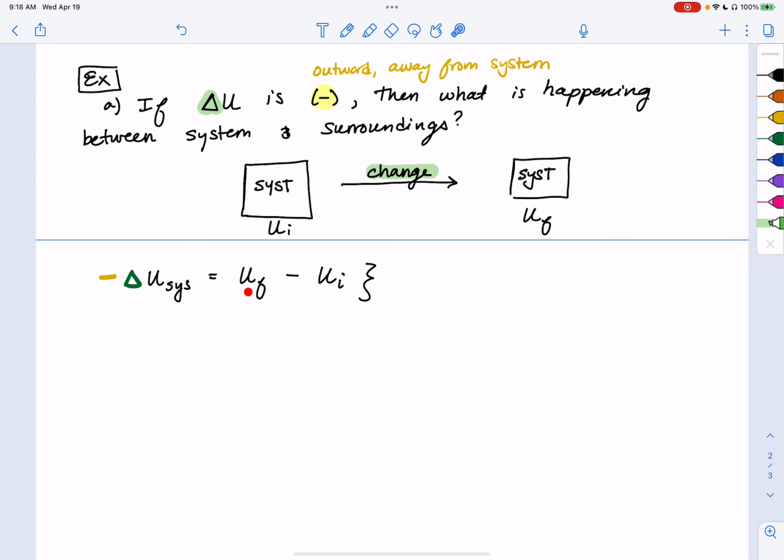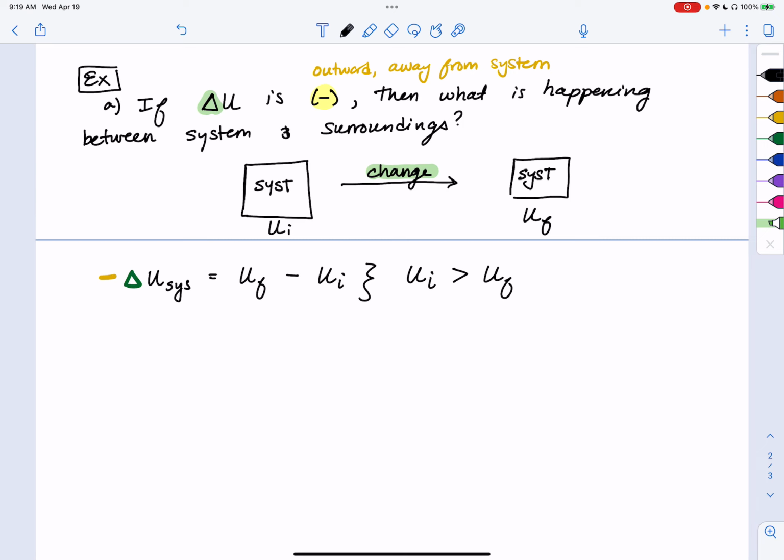So if I have a big final internal energy and a small initial internal energy, then this difference is not going to be negative. So the only way that my system can have a negative change in internal energy is if my initial amount of total internal energy is greater than my final amount of total internal energy.